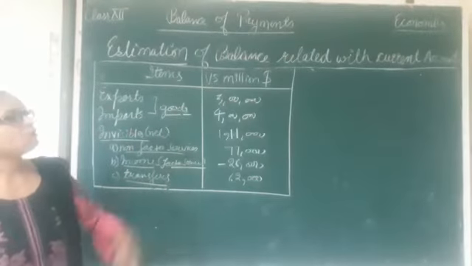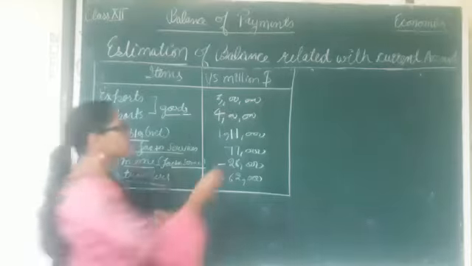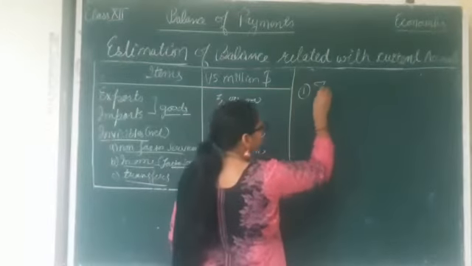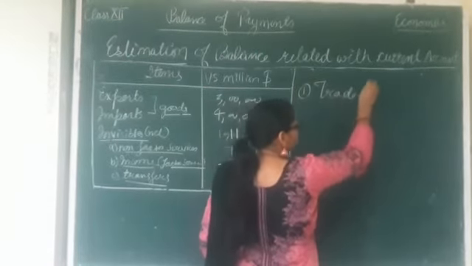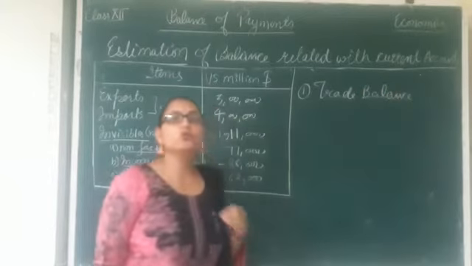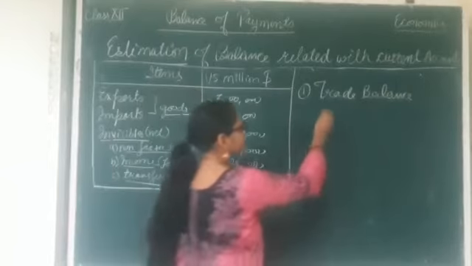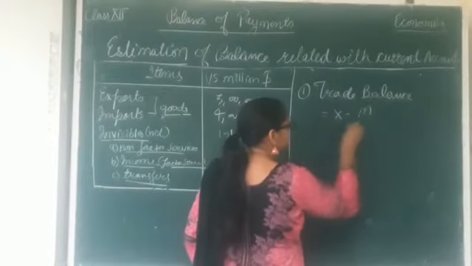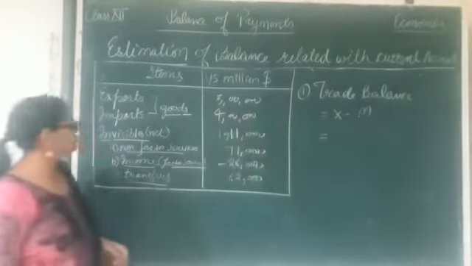So let's find out the balances of the current account. First of all, we have trade balance. We know very well that trade balance is found for the goods only. Clear? And how do we find it? Export minus import. So what is the export of goods given to us?